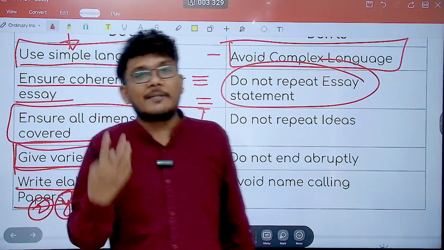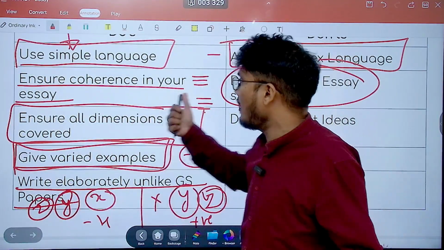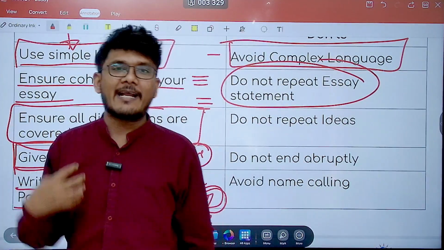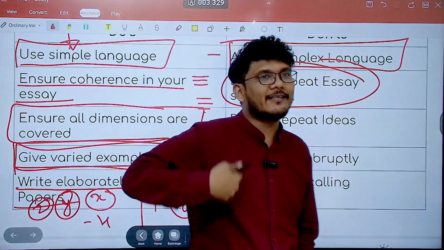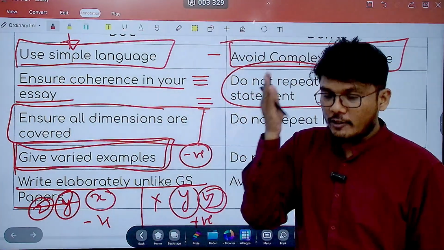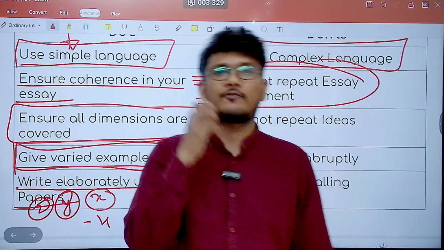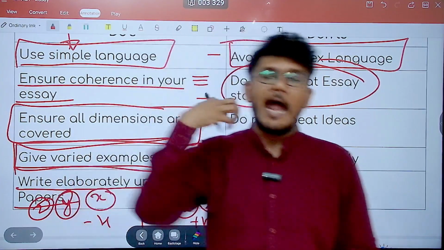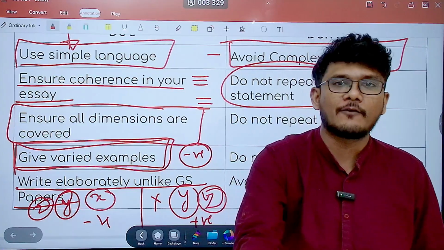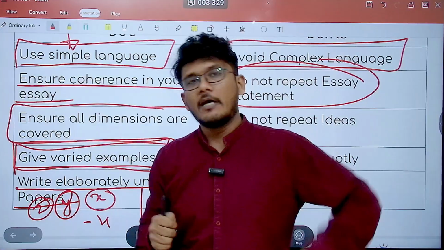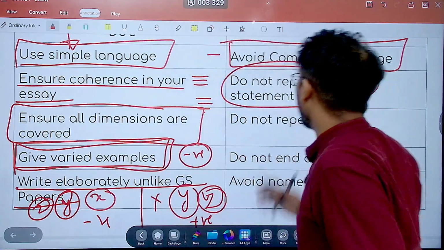Don't keep on repeating the same sentence which the essay topic has used. Sometimes you have a tendency, an attraction to do that because you think that you are able to justify. No, your justification should be based on proofs, evidences, facts, figures, reports, judgments, and the concepts that you are bringing forward should tell what way you are leaning towards. Repetition of the sentence is not going to help.